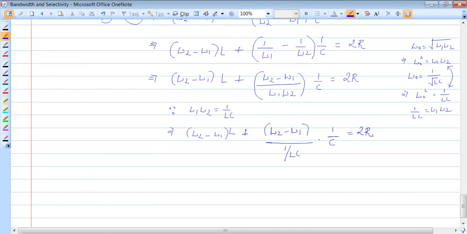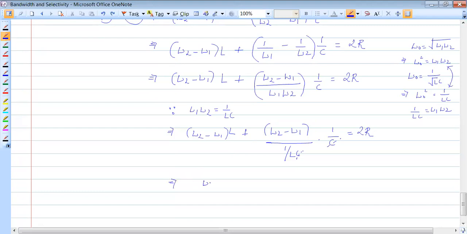So what happens with this? This C goes off and this L comes to the numerator.